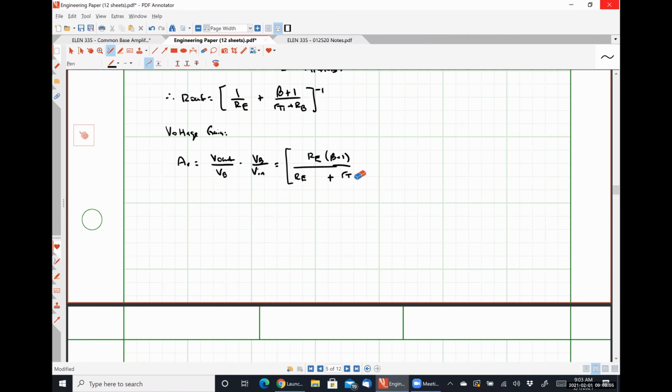Get rid of that fraction. So, exact same gain, I've just multiplied by a factor of 1, expressed as beta plus 1 over beta plus 1, and it'll be pretty obvious why I'm doing that in just a second.